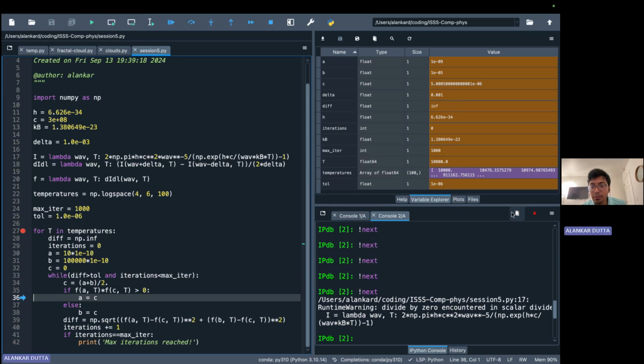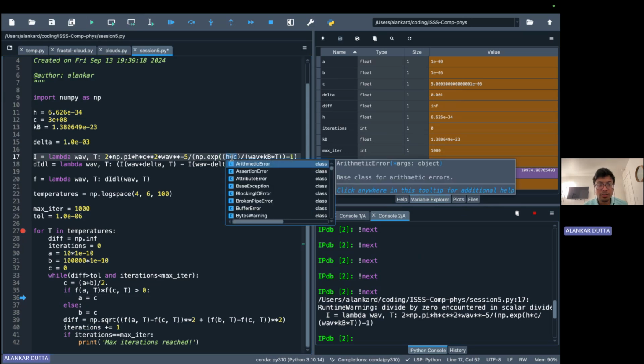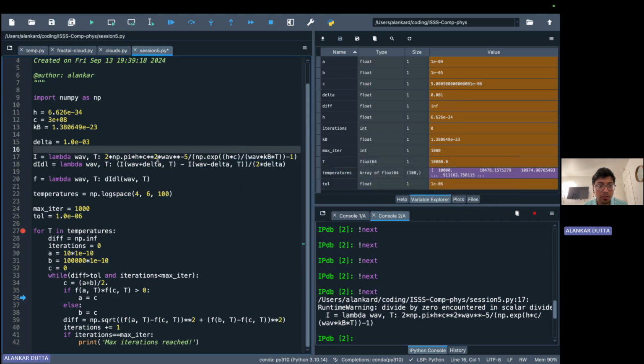So what are we getting in temperatures? Let's see. There is one divide in here for sure.